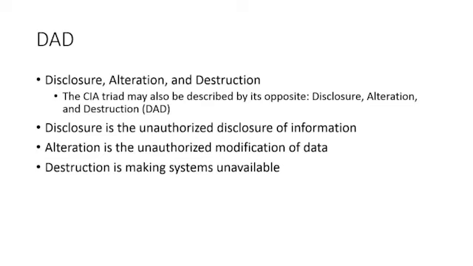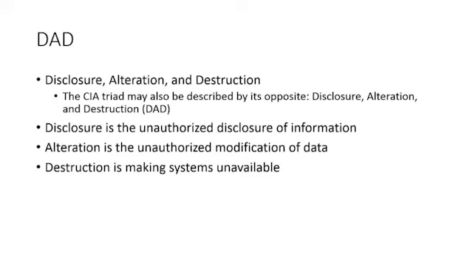Now another one is called DAD, D-A-D. This is disclosure, alteration, and destruction. So this may be the complete opposite, the evil twin, if you will, of the CIA triad, because they are the opposites. Disclosure is the unauthorized disclosure of information.